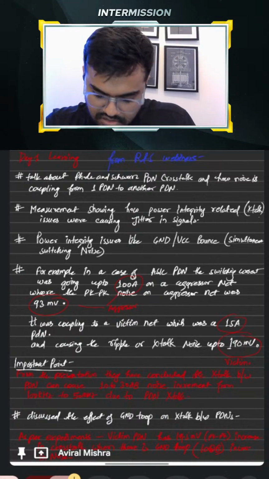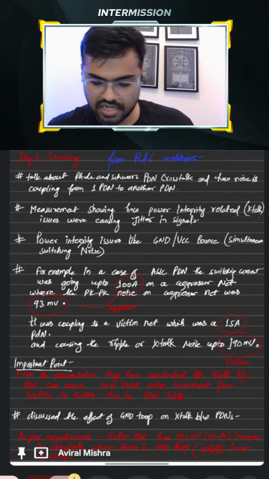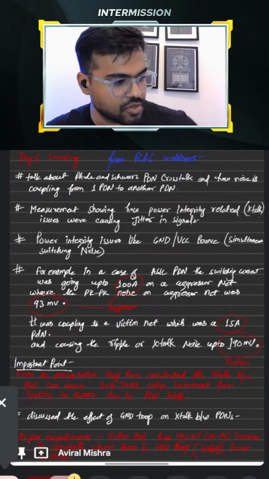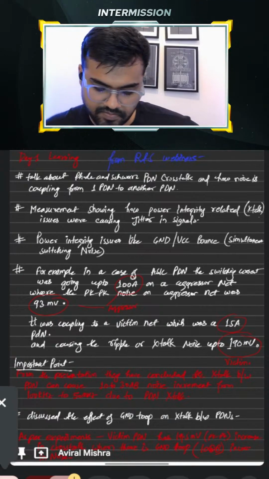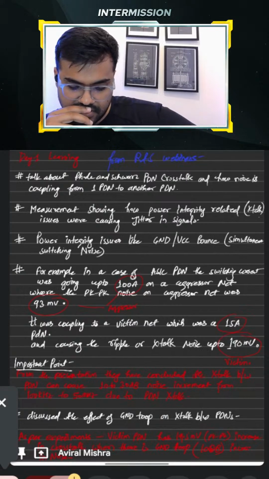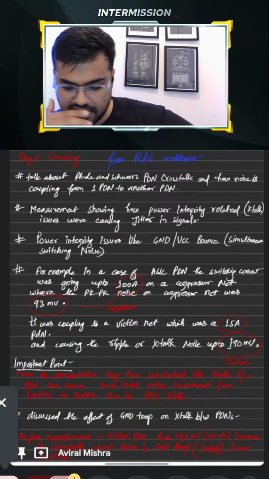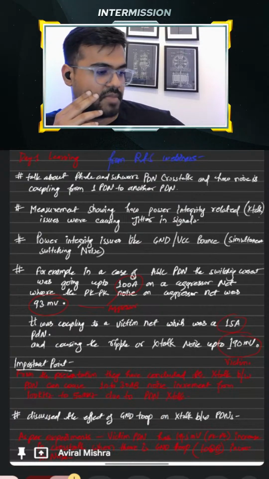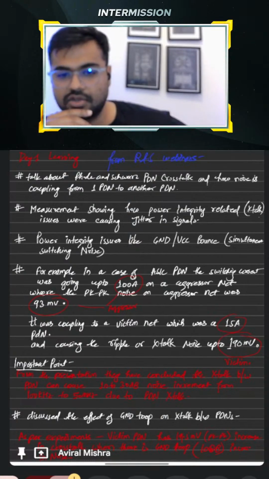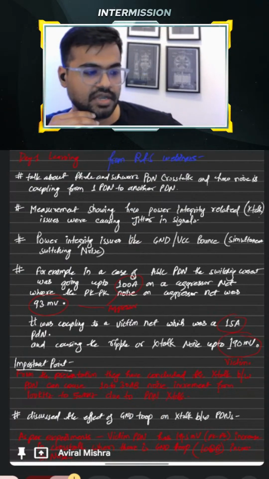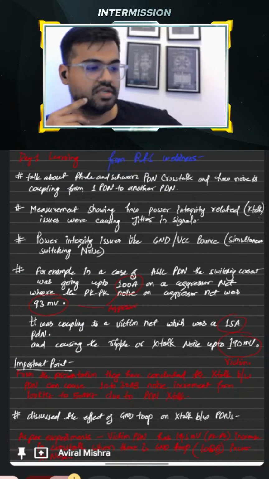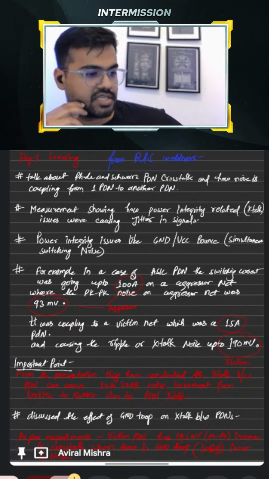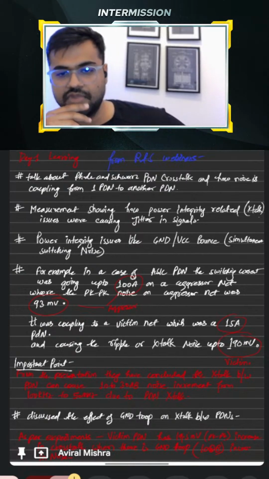So these are just notes mainly related to PDN crosstalk. First we'll understand what PDN crosstalk is. As its name suggests, PDN means power distribution network, and crosstalk means there is some aggressor net and victim net, right? So there is some electromagnetic coupling happening between aggressor and victim.